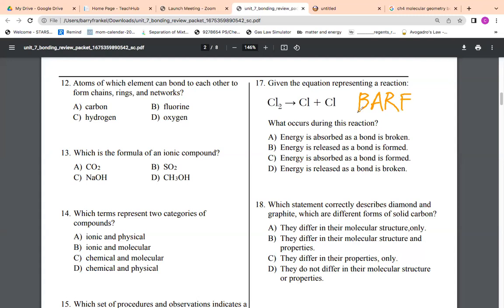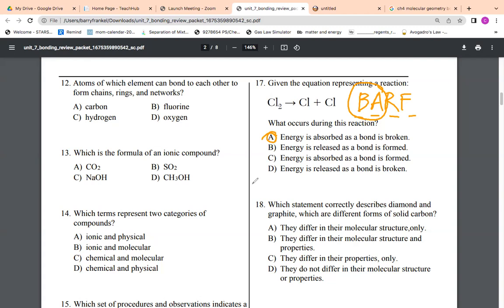Remember BARF: Broken, Absorbed, Release, Formed. We are breaking bonds here, and breaking means you have to absorb energy. So energy is absorbed and a bond is broken.